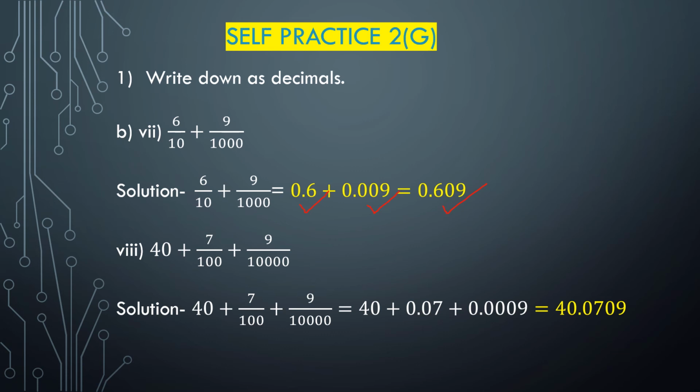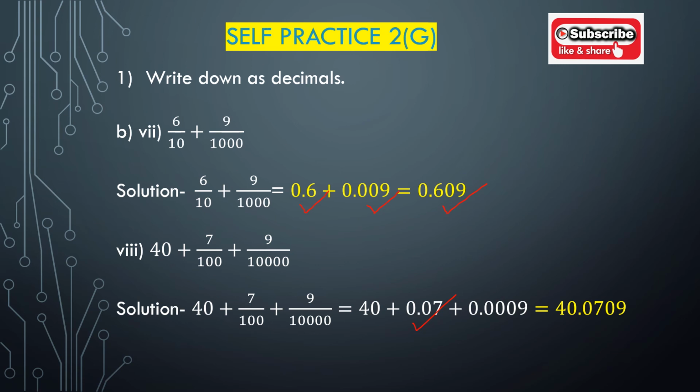8b. 40 plus 7 divided by 100 plus 9 divided by 10,000. It will be 40 plus 7 divided by 100. In 100 there are two zeros, so you have to place two digits after the decimal point, so it will be 0.07. In 9 divided by 10,000, in 10,000 there are 4 zeros.